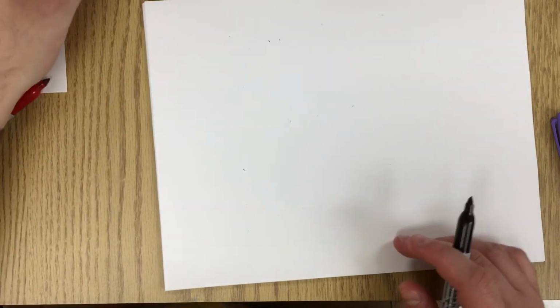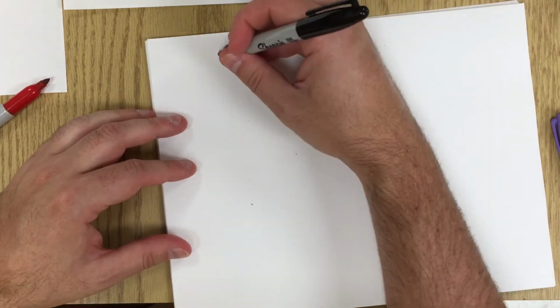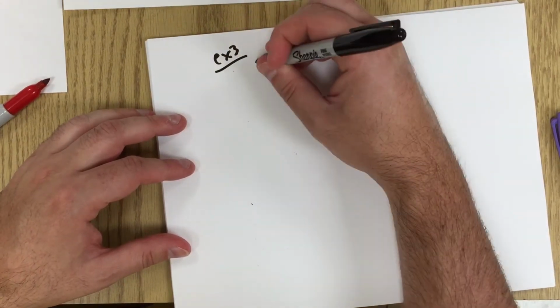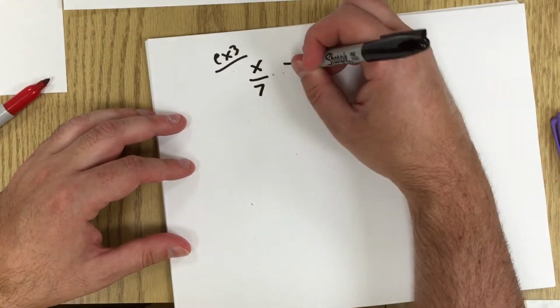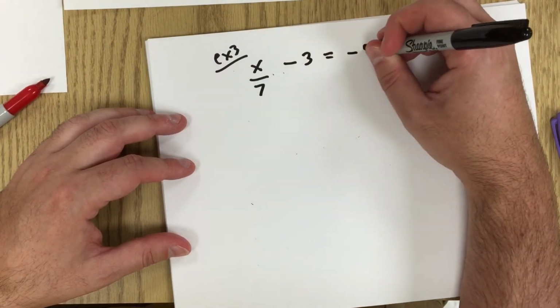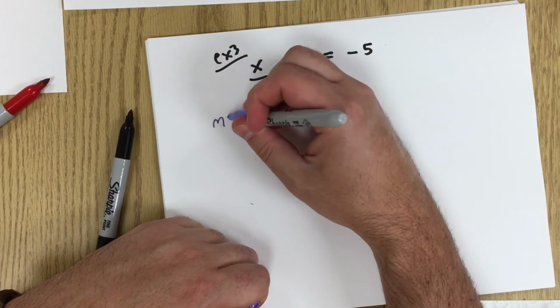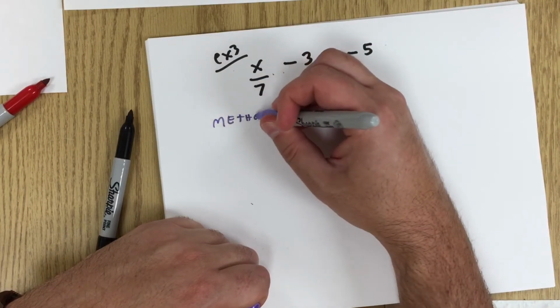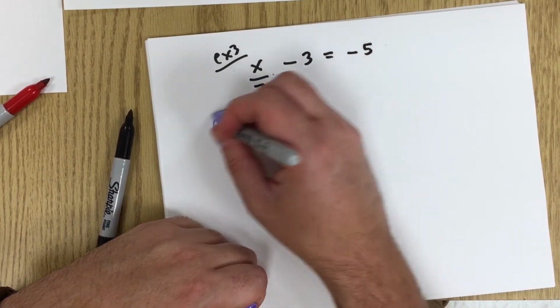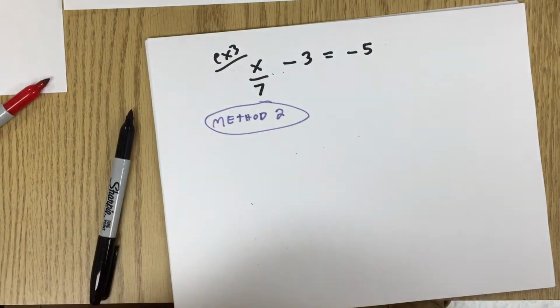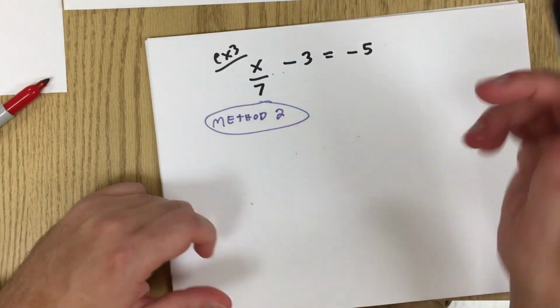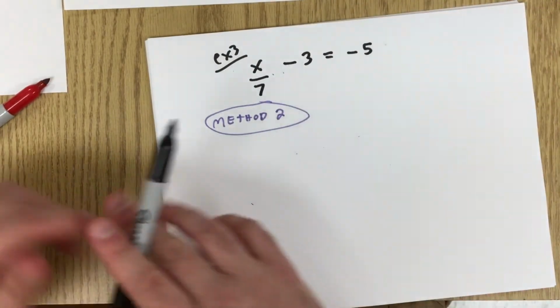So let's have a method 2. We still have example 3. It's still x over 7 minus 3 equals negative 5. We'll call this method 2. With method 2, we're going to deal with the 7 first.